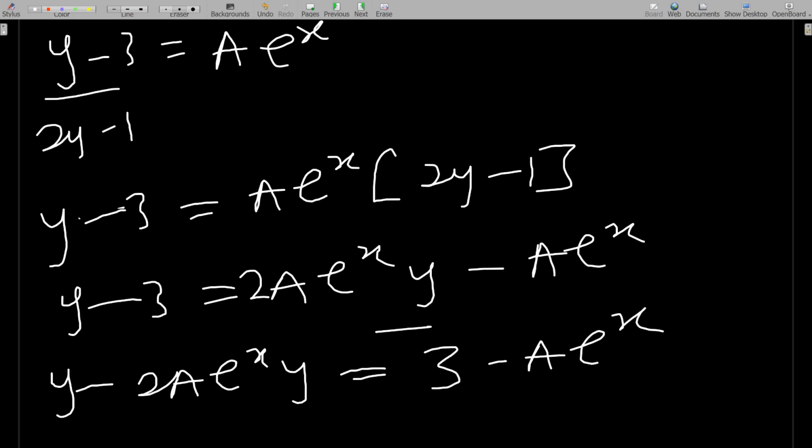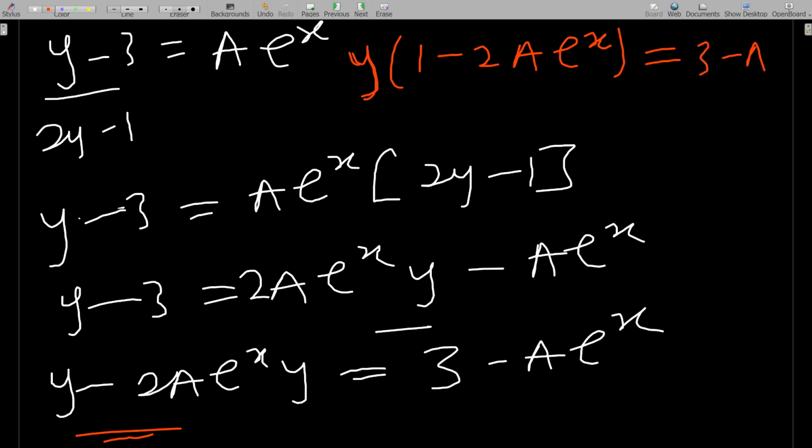So factor y out in this one at this part, and I have y out. Let me write it at the top. 1 minus 2a e to the x, and this should give me this part, 3 minus a e to the x.